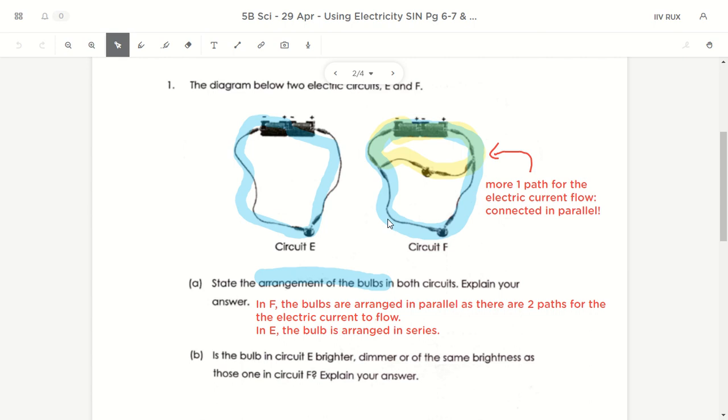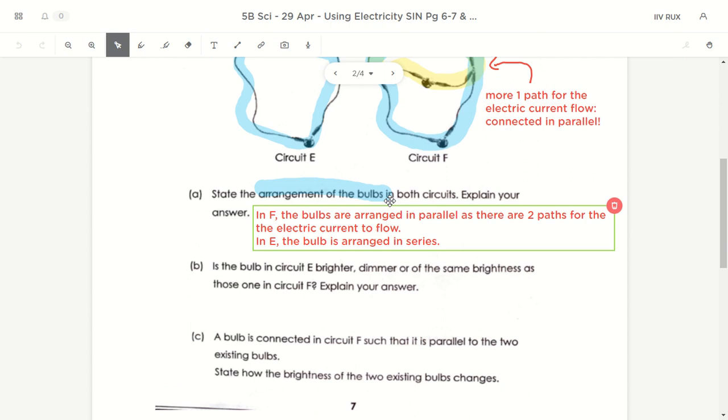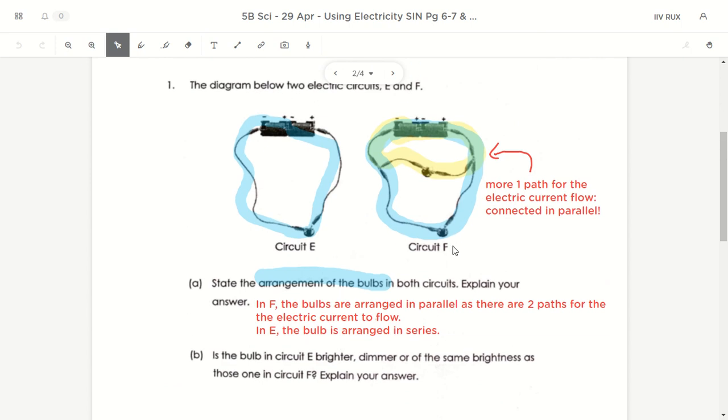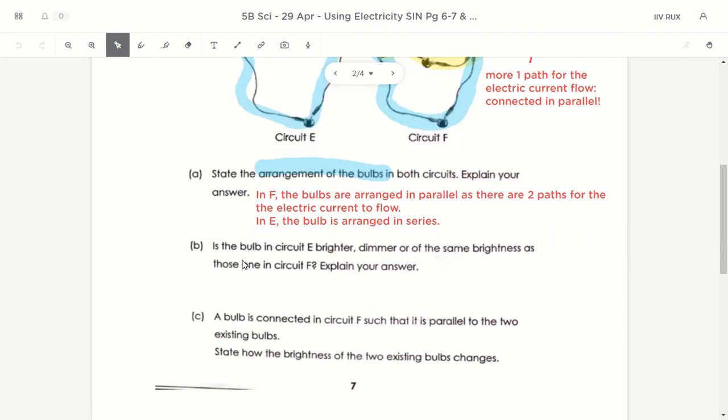So the brightness of the bulb will remain the same, whether it is E or F. The interesting part of connecting bulbs in parallel is that you get to maintain the brightness of the bulb without a drop. So you can connect 3, 4, or 5 in parallel, and you'll see that the brightness is the same.